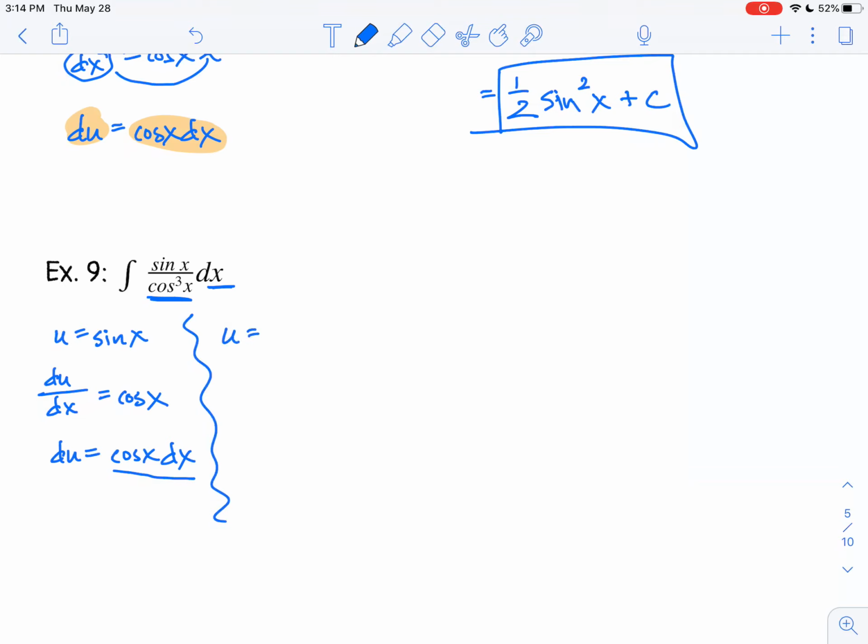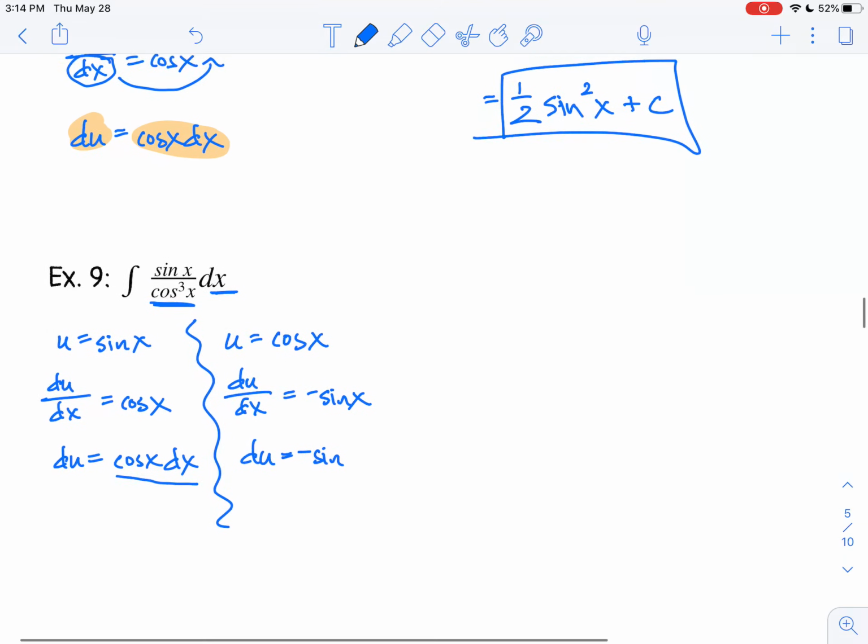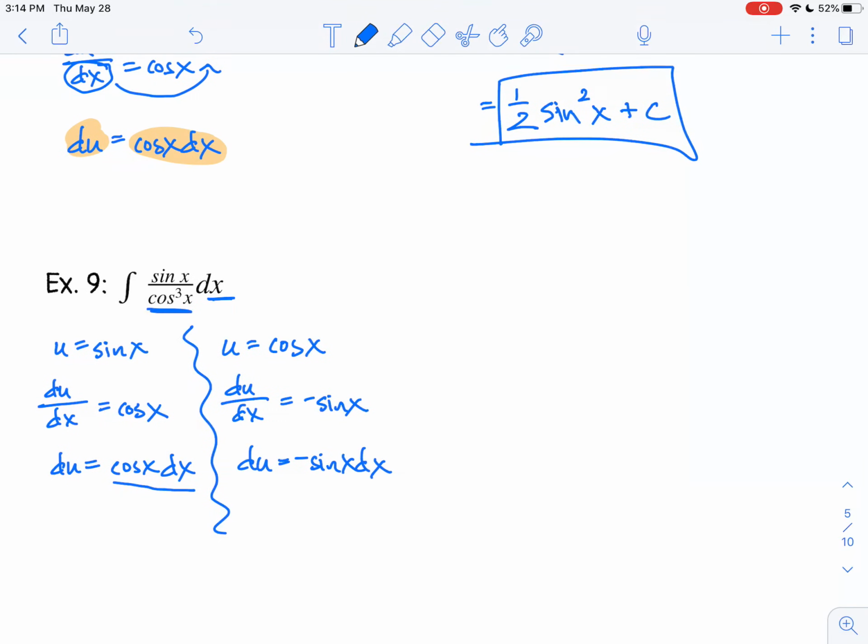So maybe you let u equals cosine x, and then du dx would equal negative sine x, or du equals negative sine x dx. All right, now can we match everything here? We've got our cosine x is u, so on the bottom I'll have u cubed.